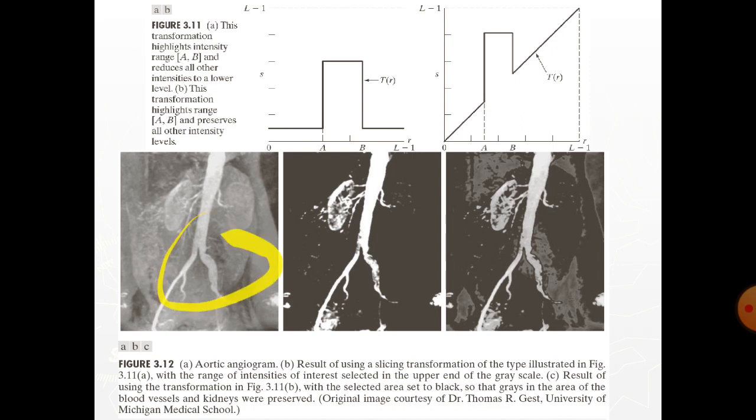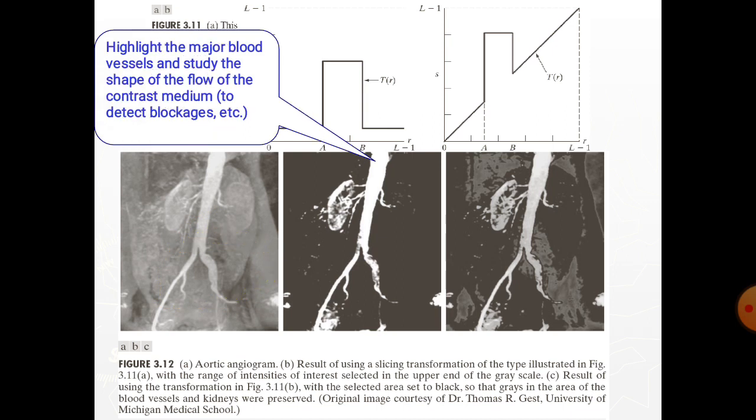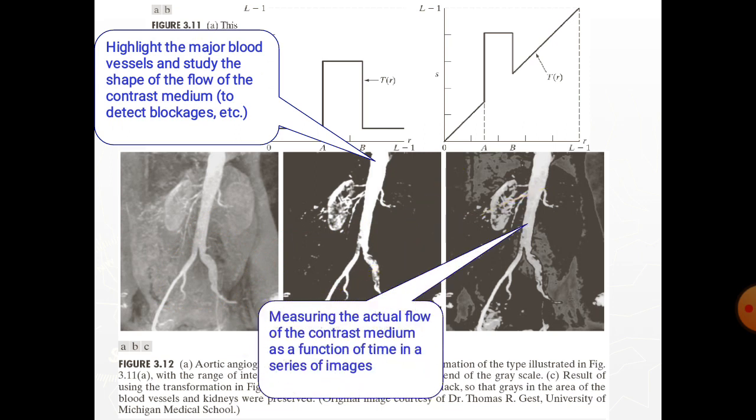So we can see here, in figure A, an aortic angiogram near the kidney area. The objective of this example is to use intensity level slicing to highlight major blood vessels that appear brighter as a result of an injected contrast medium.